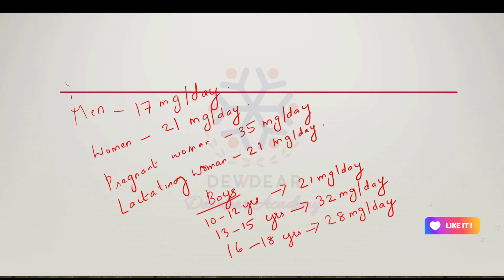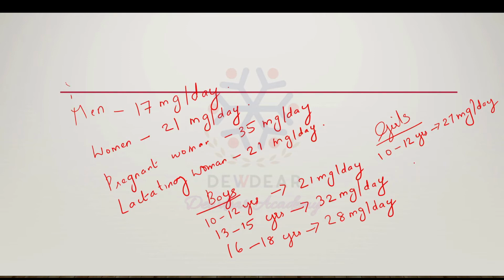In the same way we can see for girls. For girls 10 to 12 years, it is 27 milligram per day. For 13 to 15 years, it is 27 milligram per day.